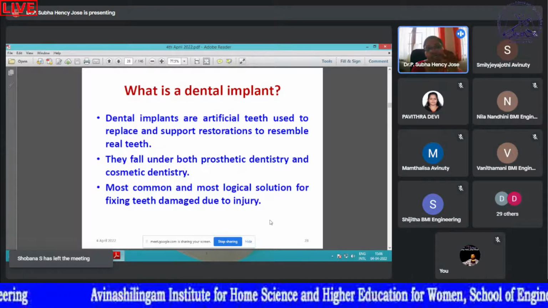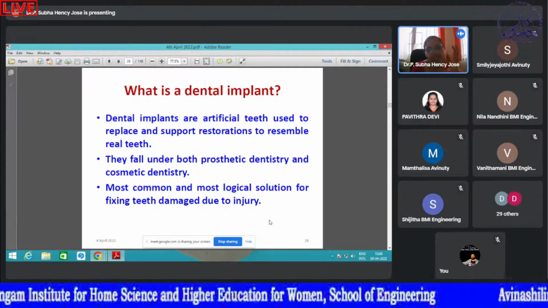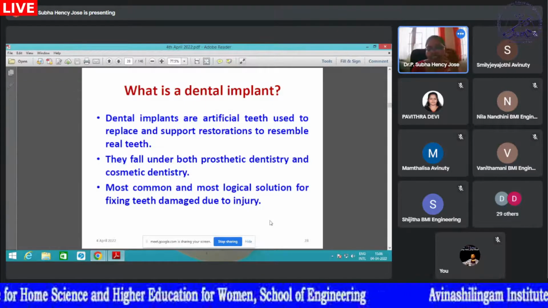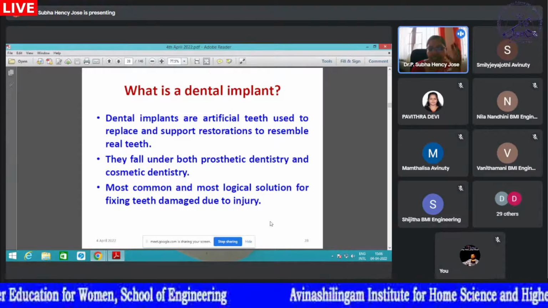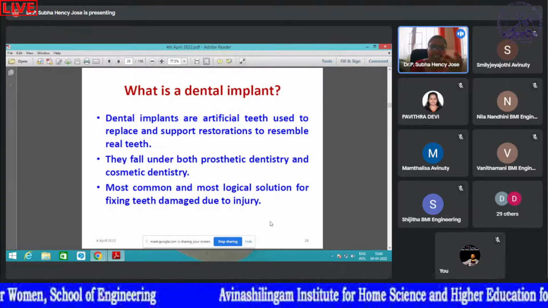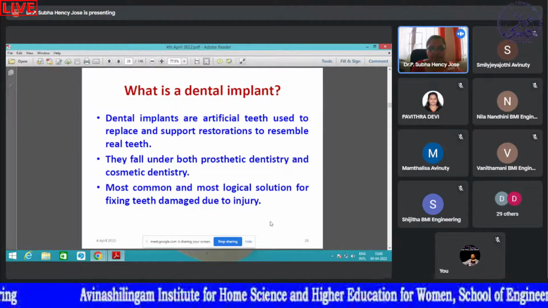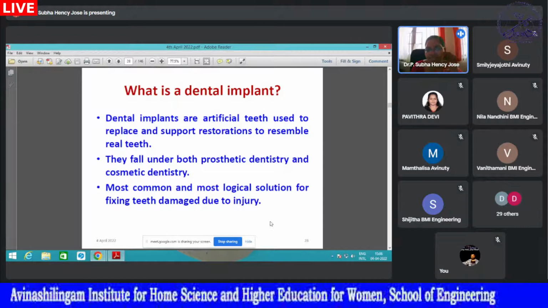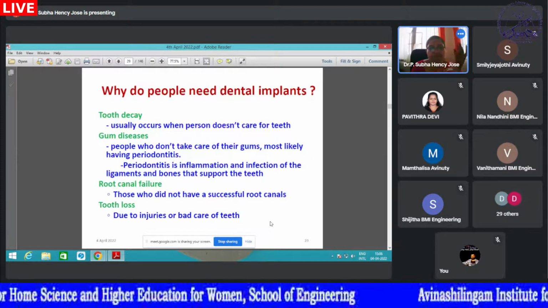By God's grace her life was saved, but she lost all the bones in her face. Her face was totally disfigured. Now she has gone for cosmetic dentistry. All the dentistry has been used here, and all the bones are being replaced in the face.